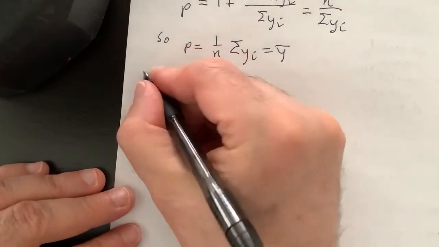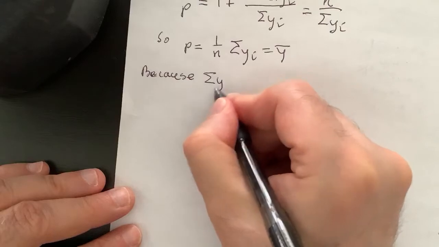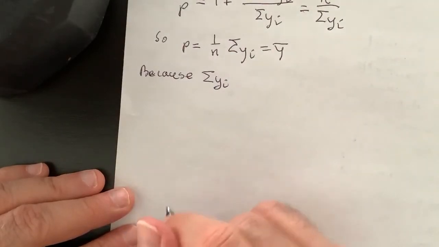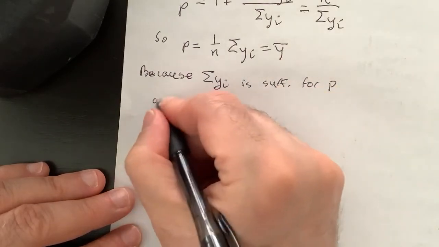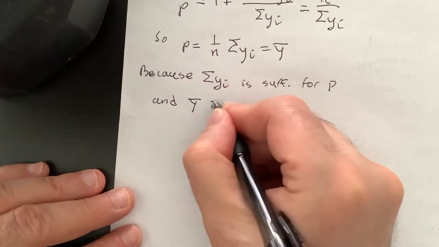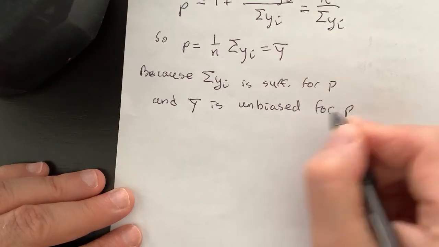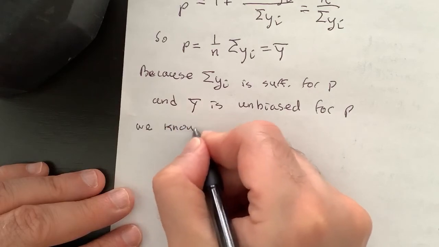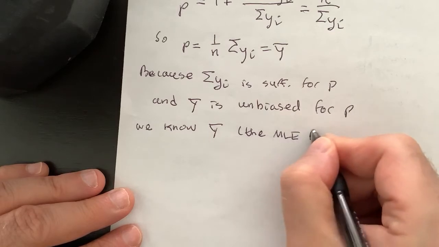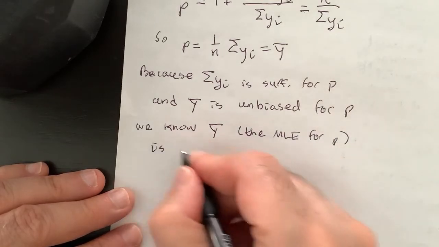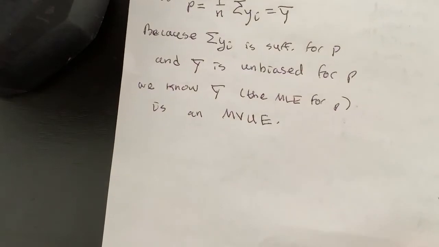Because we showed already the sum yi, or even y bar, is sufficient for P, and y bar is unbiased for P, we know that y bar, the MLE for P, is an MVUE. Okay, so we have that too.